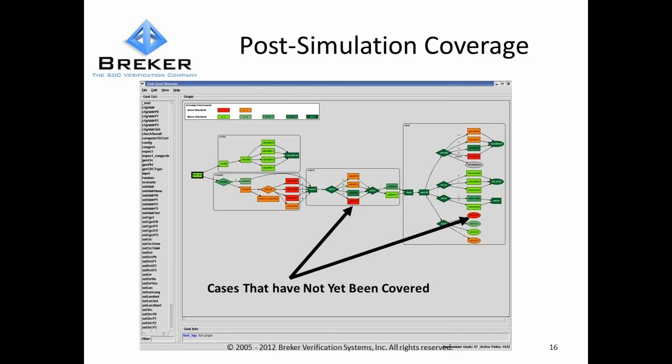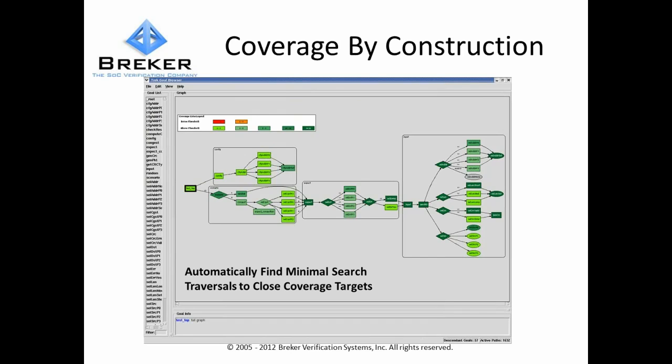We also have facilities for doing cross-coverage analysis of have I crossed all possibilities for decision A with all possibilities for decision B. And we also have a notion of coverage by construction, where you say, okay, I'm interested in hitting all of these cross coverages plus all of these nodes, and the tool tries to go find the minimal traversals needed to hit those coverage points.